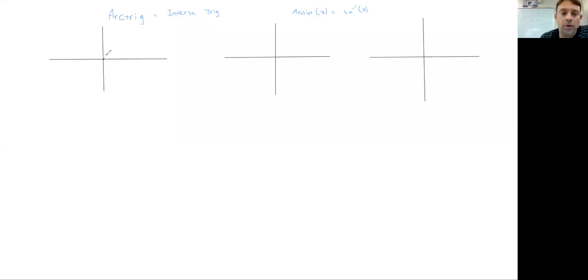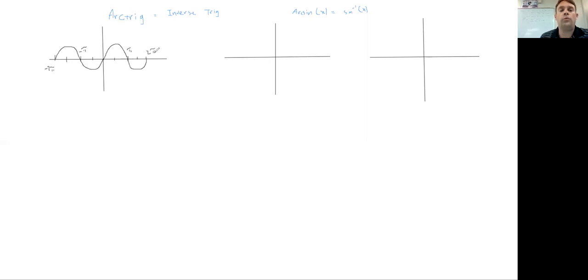So sine can go in a positive direction, or it can go in a negative direction. So this is the value of -2 pi. This would be negative pi. 0, we got, here's pi right here. And we have 2 pi right here.